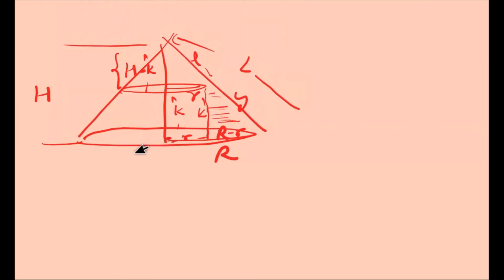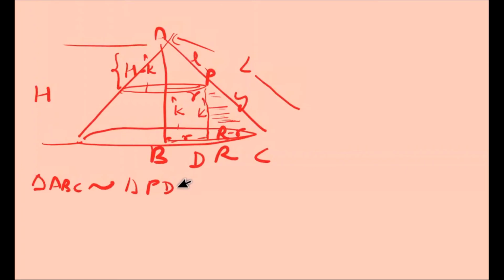So now, using the triangles, in this triangle ABC, similar triangle PDC, we can take the ratio h upon k equal to capital R upon R minus r, and also slant height capital L upon this small height y, right?